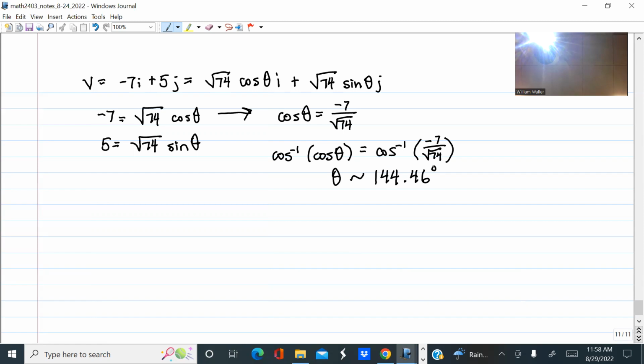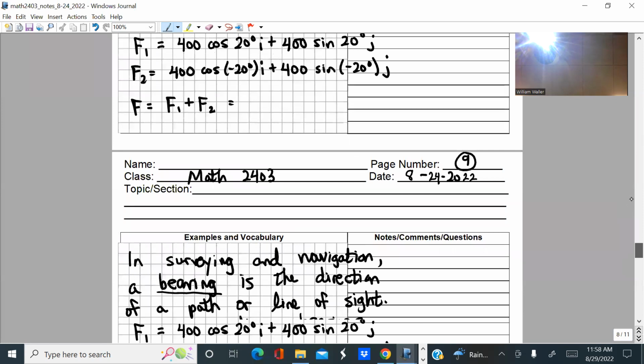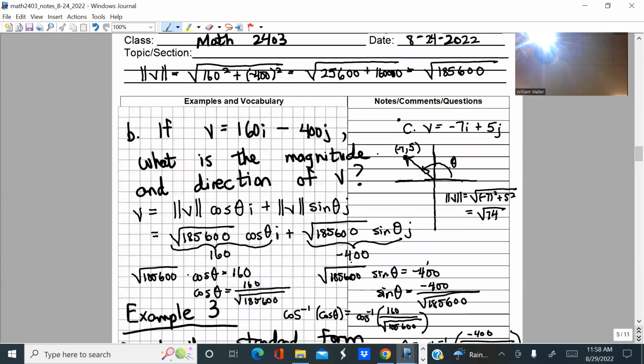Does that look like our picture? Let's scroll back up here. See, here's where the picture is really helpful. Does this look like it could be 144.46? Has a good chance, right? It's in the second quadrant, so that's encouraging. I'm hopeful that I got this right.